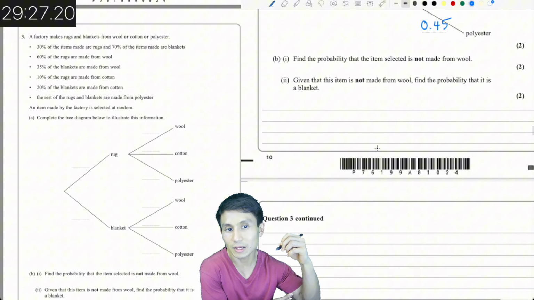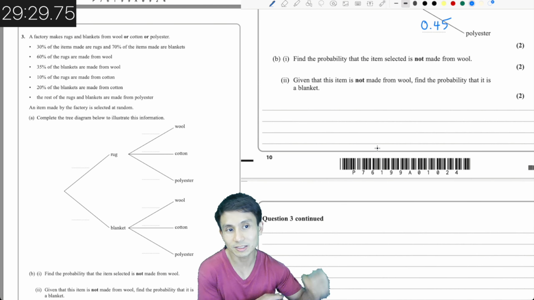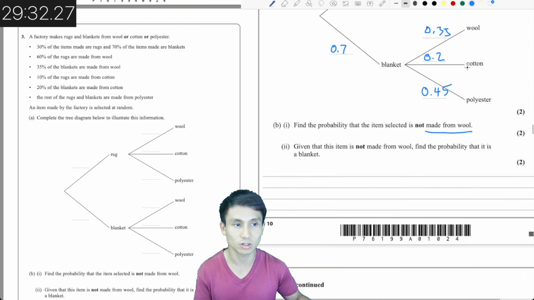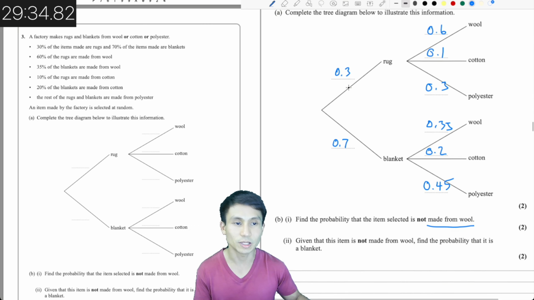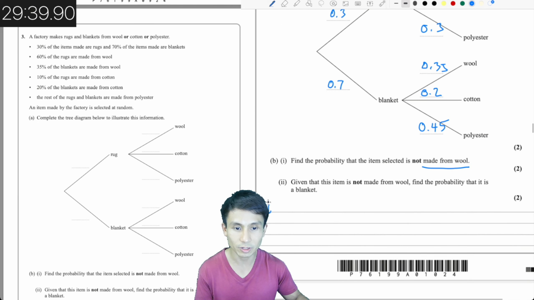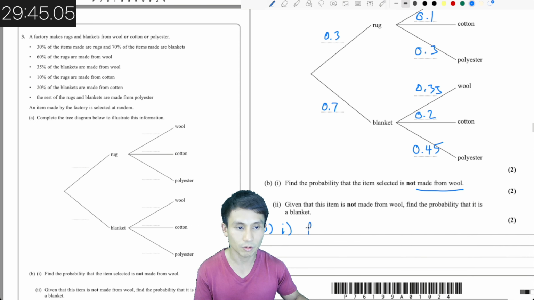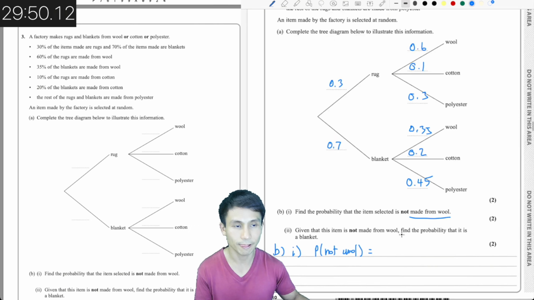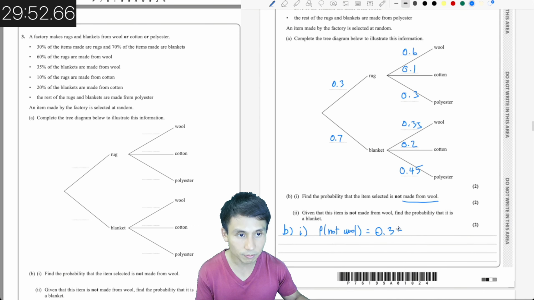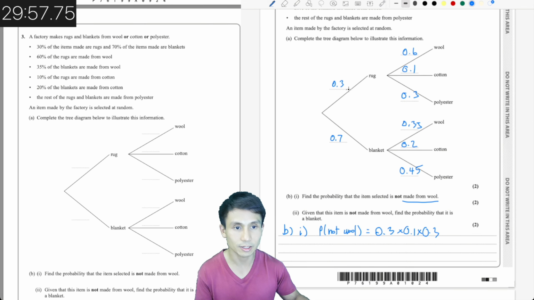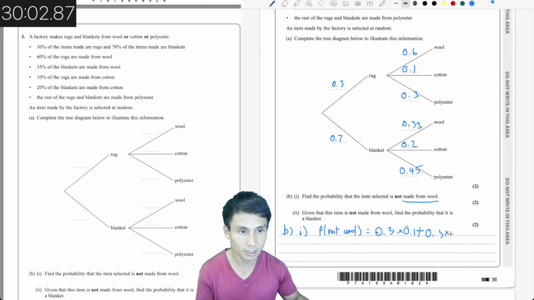B, first find the probability that the item selected is not made of wool. So that would be rug, cotton, polyester, and blanket, cotton, polyester. BI, probability not wool would be 0.3 times 0.1 plus 0.3 times 0.3.